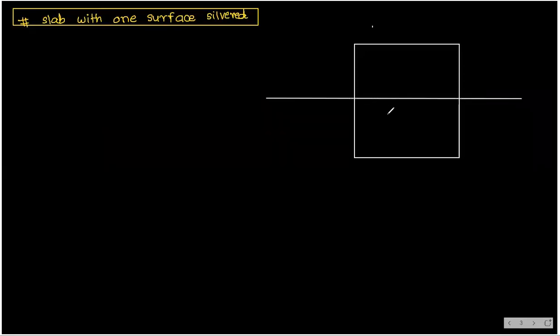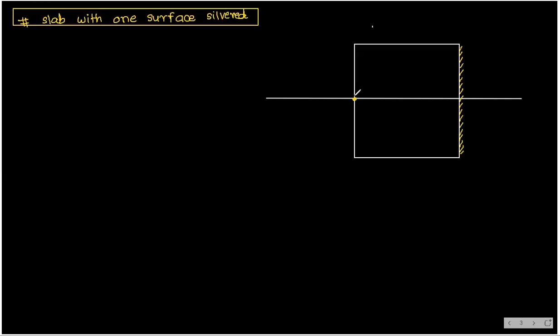Point object we are dealing with. And this side is silvered. This side we are going to silver, means like a mirror. Understood what I did? One glass slab I have taken and one side of it I have silvered.